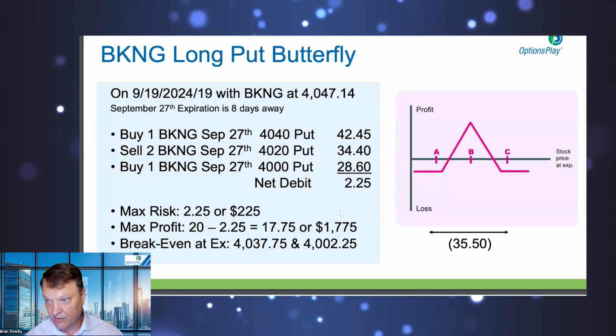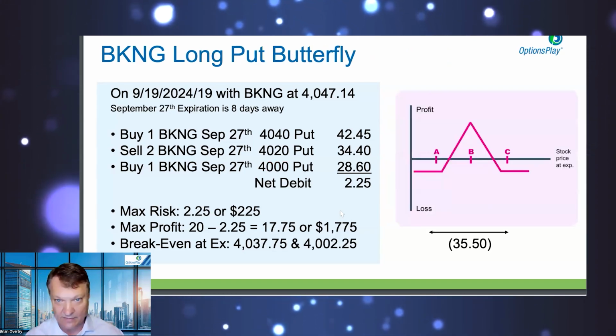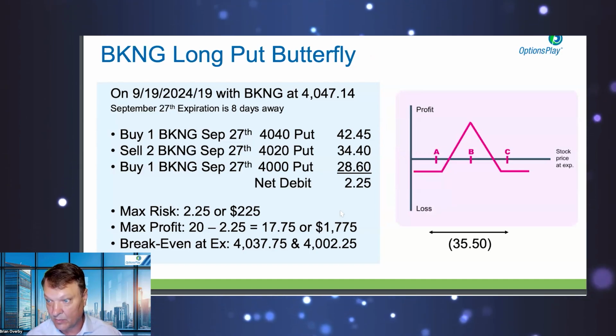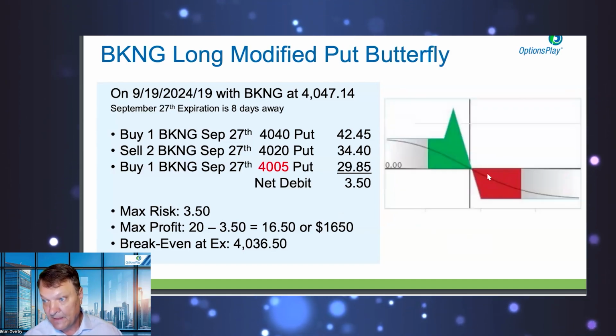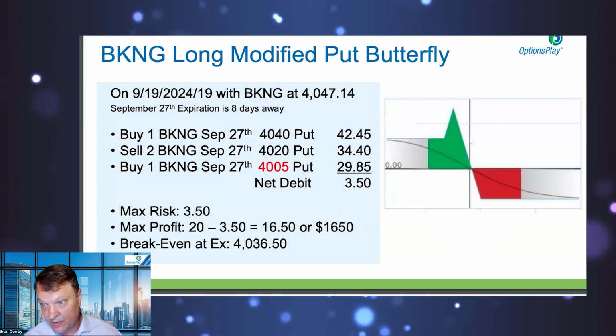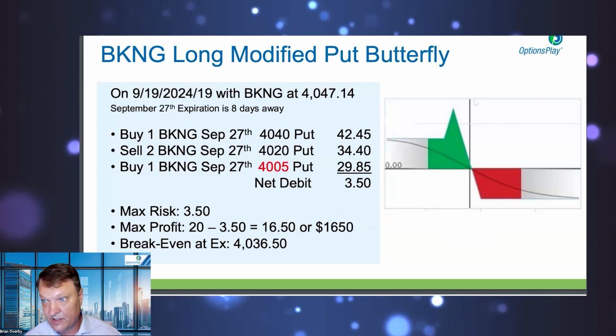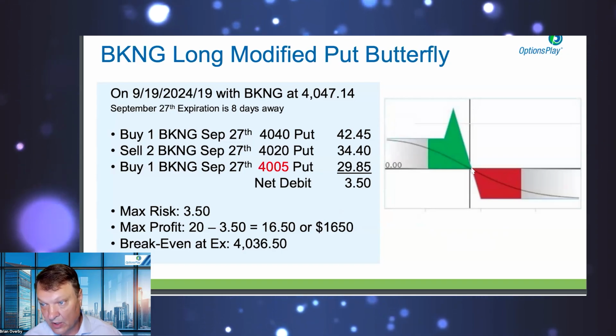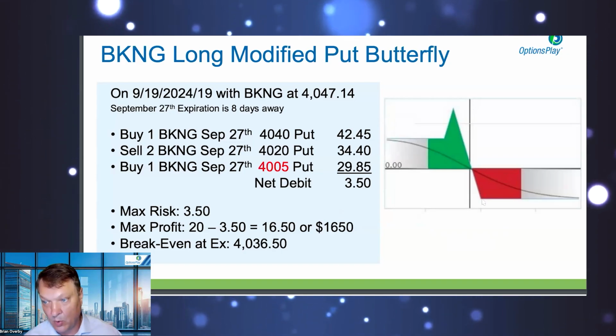Now, this is a little different. I apologize for the graph. That I don't have a graph inside the options playbook, I guess, would be what I'm apologizing for. But here is where the underlying stock is at. So I put this in the options play software, and I use the profit and loss graph here. So we're paying a little bit more.